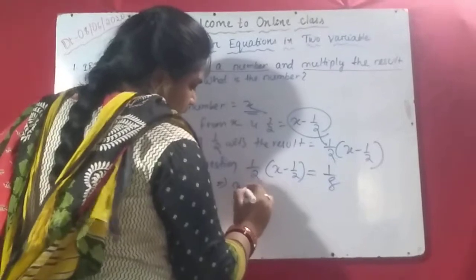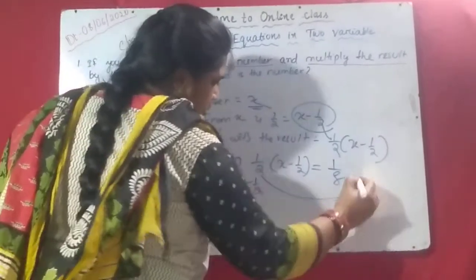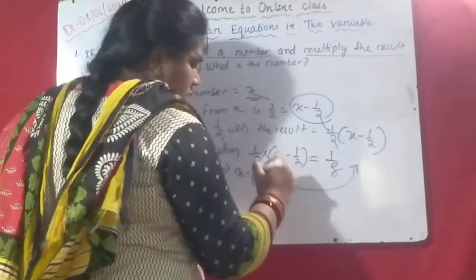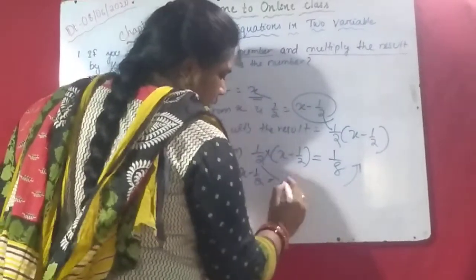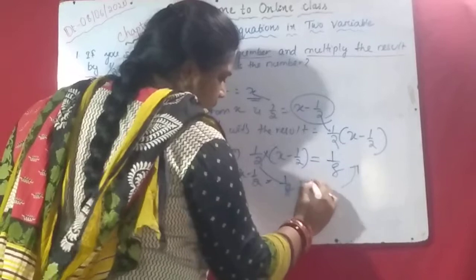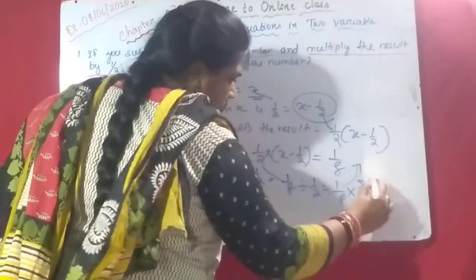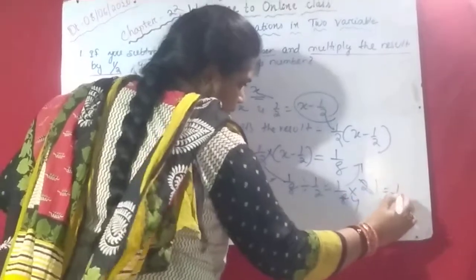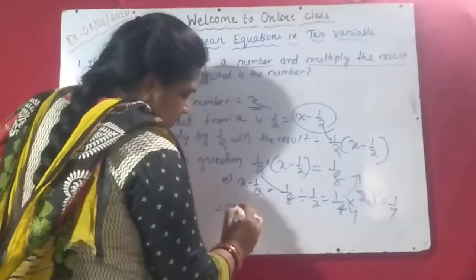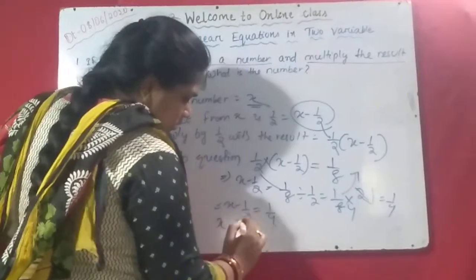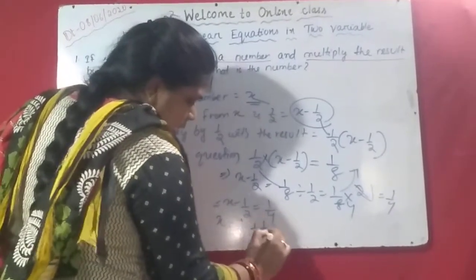So x minus half: this half will go to the right hand side, since here it is multiplication. So 1 by 8 divided by 1 by 2 is 1 by 8 multiplied by 2, which is 1 by 4. So x minus half equals 1 by 4, and x equals 1 by 4 plus half.